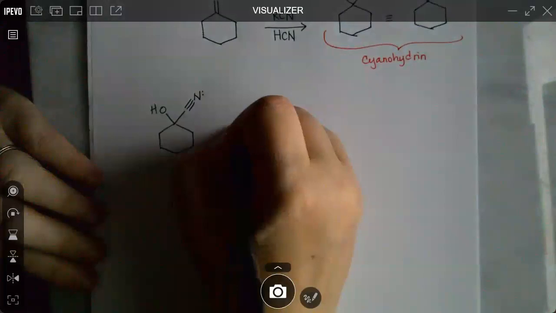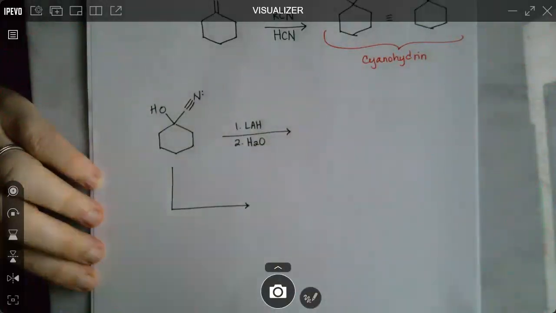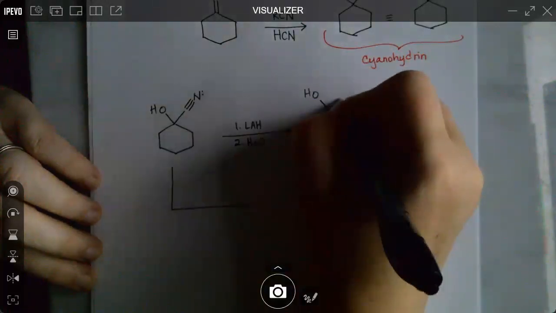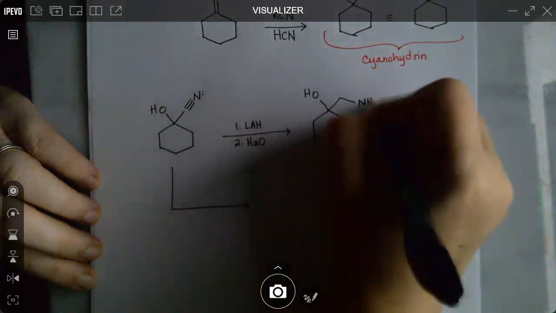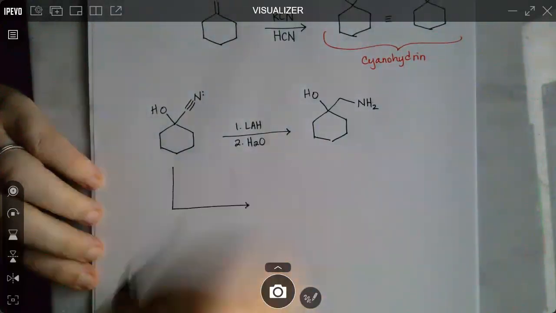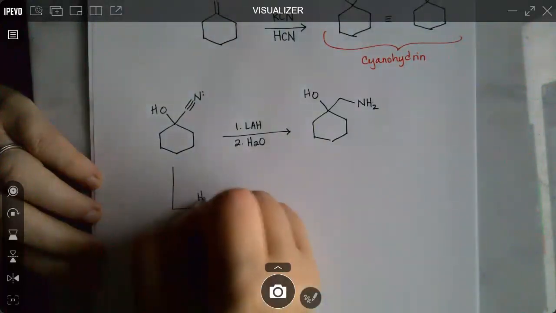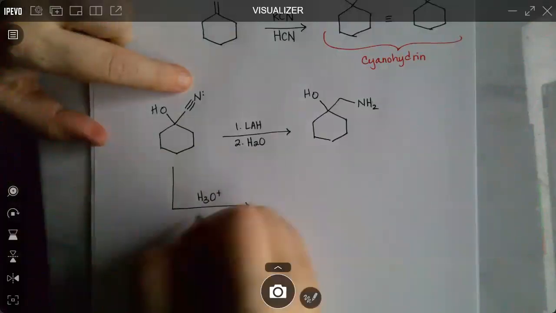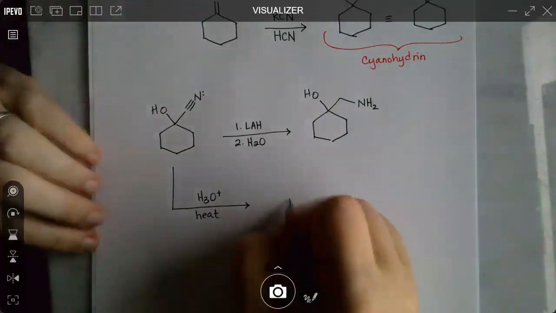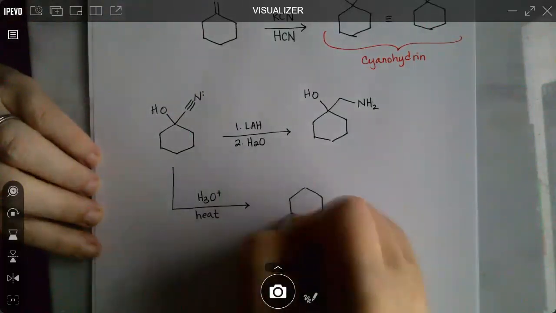If we treat this with LAH and an acidic workup, sometimes people write water or H3O plus, we would get the reduction of the nitrile to a CH2NH2 group, or we could treat this with aqueous acid and we could do hydrolysis of the nitrile to get a carboxylic acid.